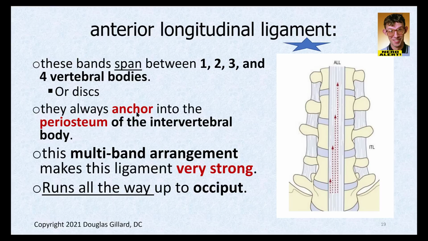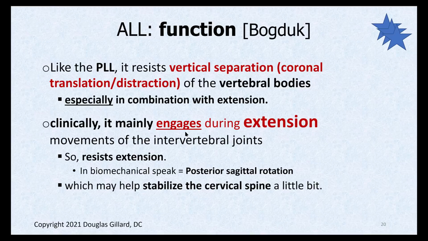These are anchored into the, what's periosteum? Dr. Doe, go over bones yet? Periosteum's the outer coating around a bone. It anchors into that. It doesn't really anchor into the intervertebral disc, as we said, like the posterior longitudinal ligament does. What does it do?